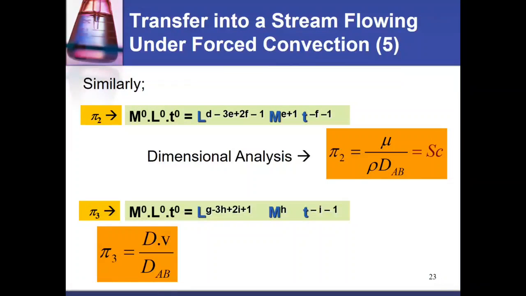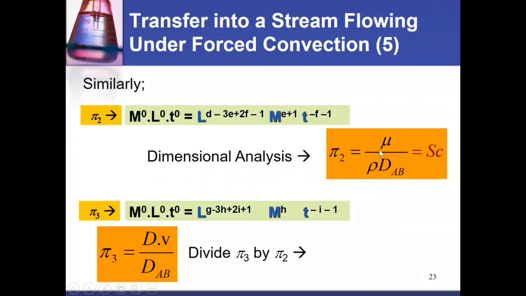To make it a common number, we have to make some arrangement, and we're going to divide pi3 by pi2. If I divide this by this, you have D times V over DAB over mu over DAB. DAB will cancel with DAB, and you will get D times V times rho over mu.